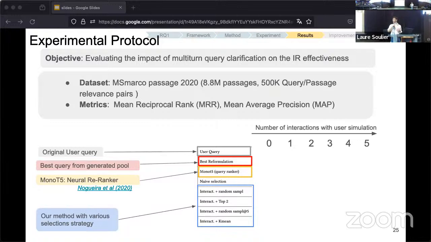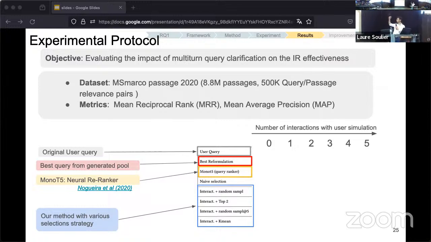For this we use the MS Marco passages 2020 dataset, which contains 8 million passages. We measured the mean reciprocal rank and the mean average precision, which are commonly used information retrieval metrics. The goal was to evaluate the impact of the multi-turn query clarification.